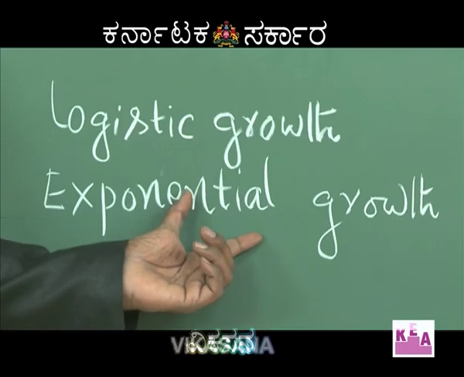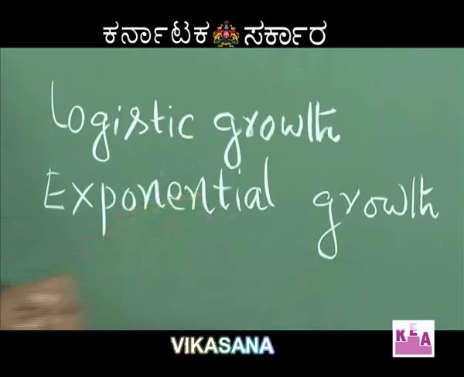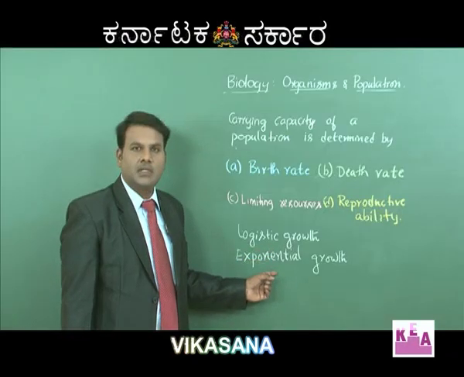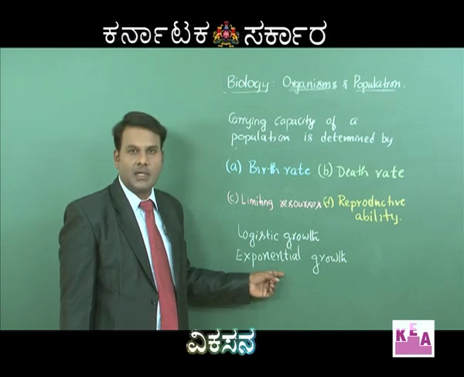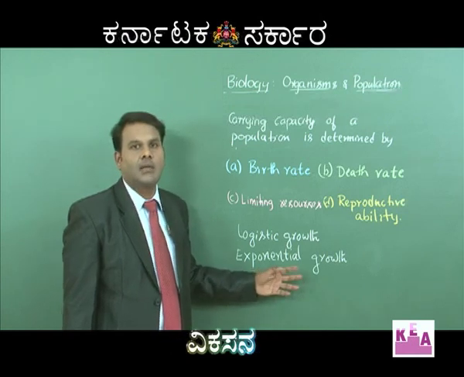The organisms undergo two types of growth. One is called logistic growth and the other is exponential growth. The logistic growth happens in the habitat where the resources are limited, whereas the exponential growth occurs in those habitats where the resources are unlimited.